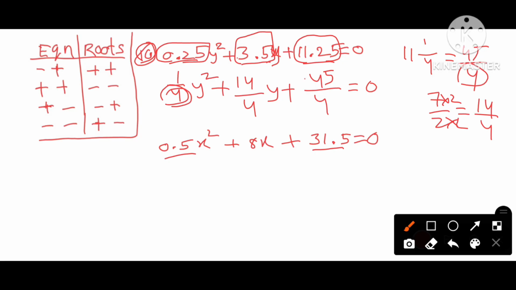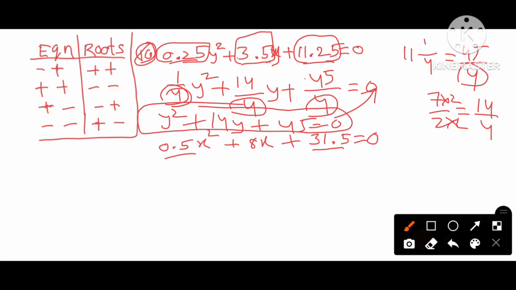The LCM of all three is 4, and taking the LCM to this side, 0 into 4 will be 0. So the equation we are left with is y square plus 14y plus 45 equals 0. We can calculate the roots for this equation.